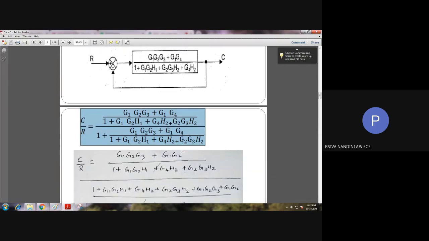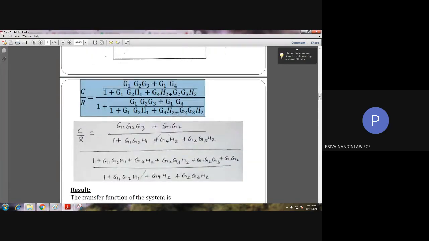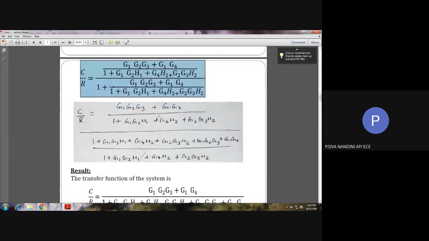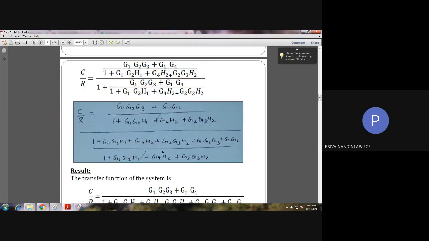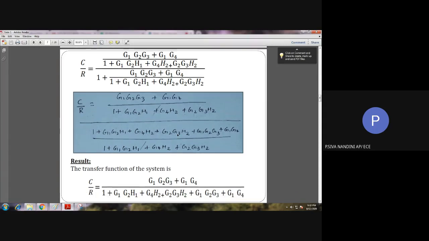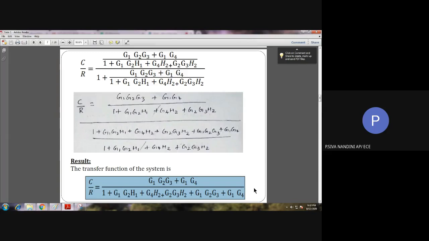And then by simplifying this equation, I have taken LCM to the denominator, and I have cancelled the terms common to the numerator and denominator, and thus obtain the transfer function of the system. Okay, clear?